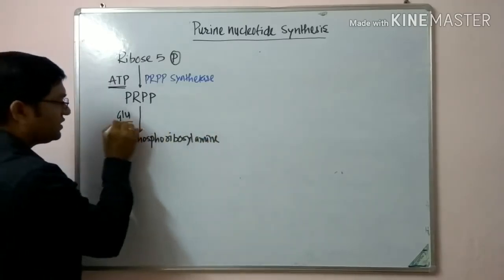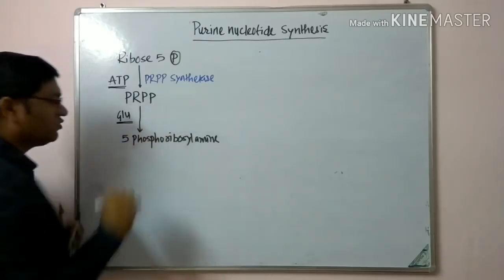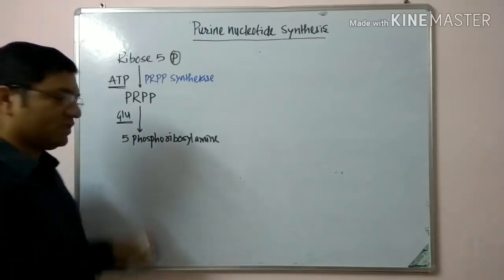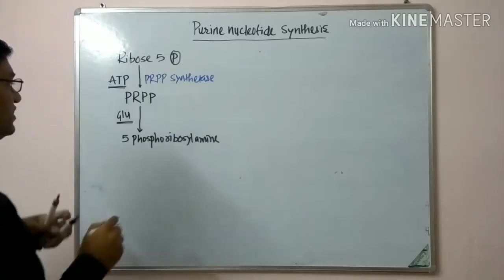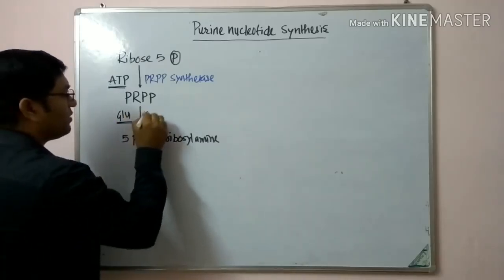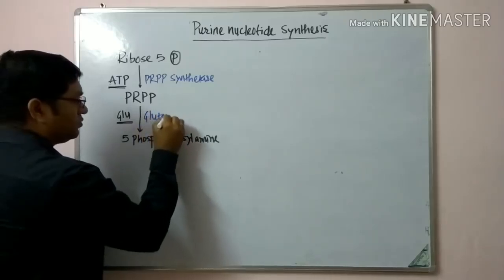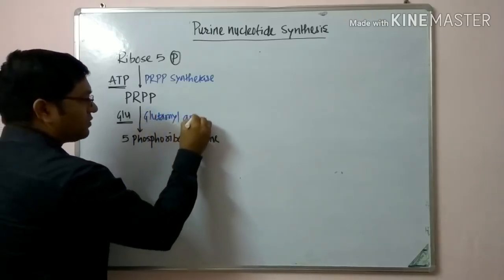That is why there is amine, 5-phosphoribosyl amine. The important enzyme in this step is PRPP glutamyl amidotransferase.